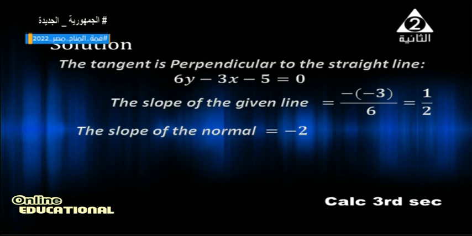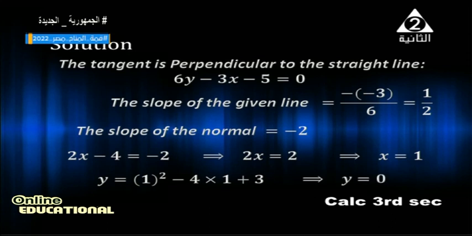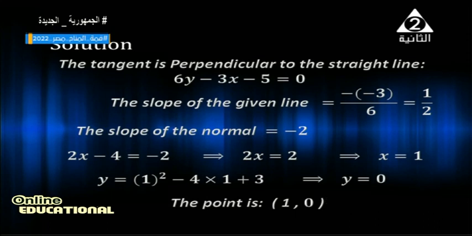Now 2x minus 4 equals -2, then 2x equals 2, divide both sides by 2, then x equals 1. What is the value of the y-coordinate of this point? We can substitute in the original equation, y equals x power 2 minus 4x plus 3, then y equals 1 power 2 minus 4 multiply 1 plus 3, then y equals 0, and in this case the point is (1, 0).